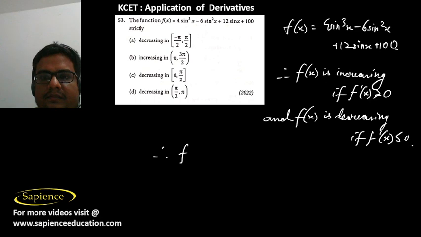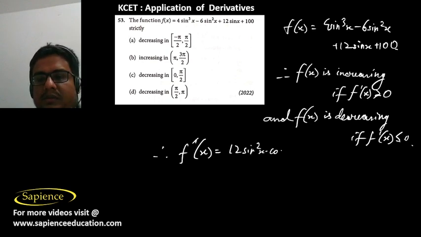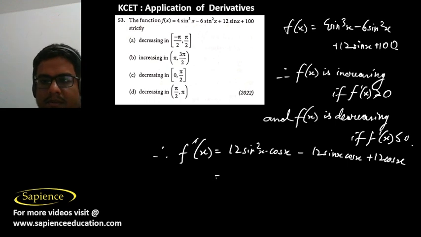Therefore f dash x, we have to differentiate: 6 sine square x, 12 sine x into the derivative of sin x is cos x. 12 cos x I can take as common.